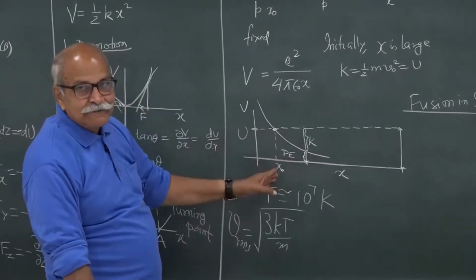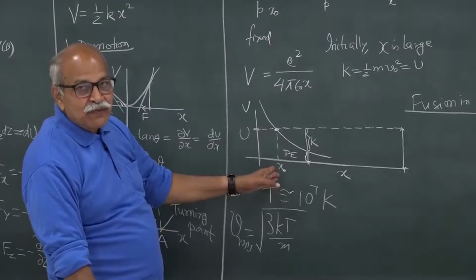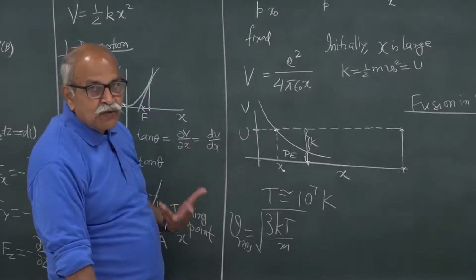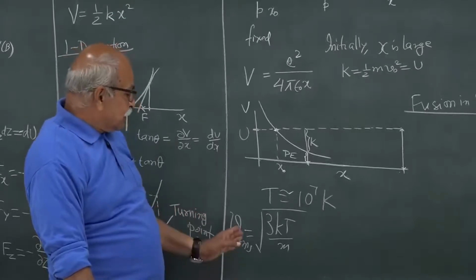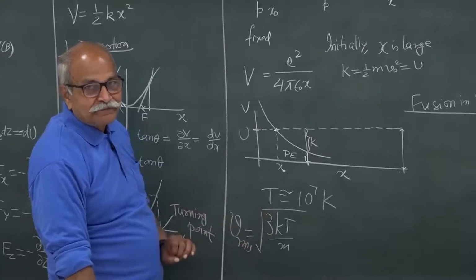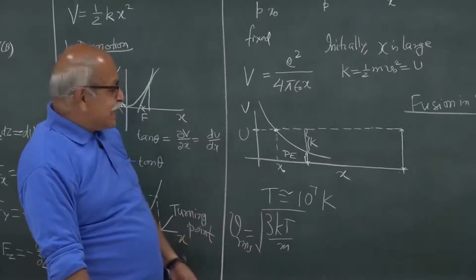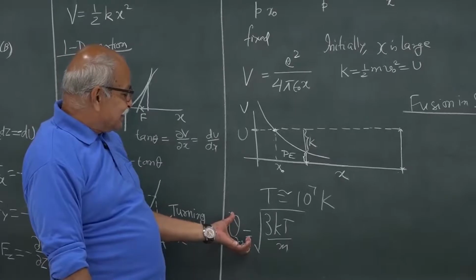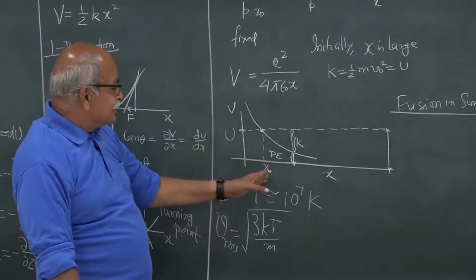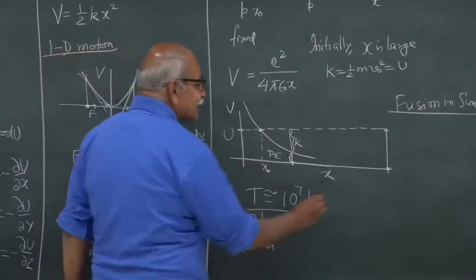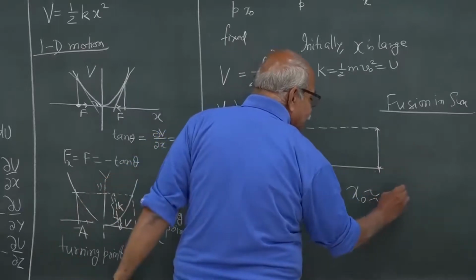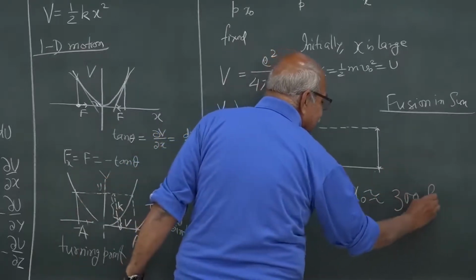Different protons are of course moving with different velocities, but this is the average kind of thing, some kind of root mean square. So if you take this as the velocity, calculate the kinetic energy and find this x naught here, that x naught turns out to be a few hundred femtometers, say 300 femtometers.